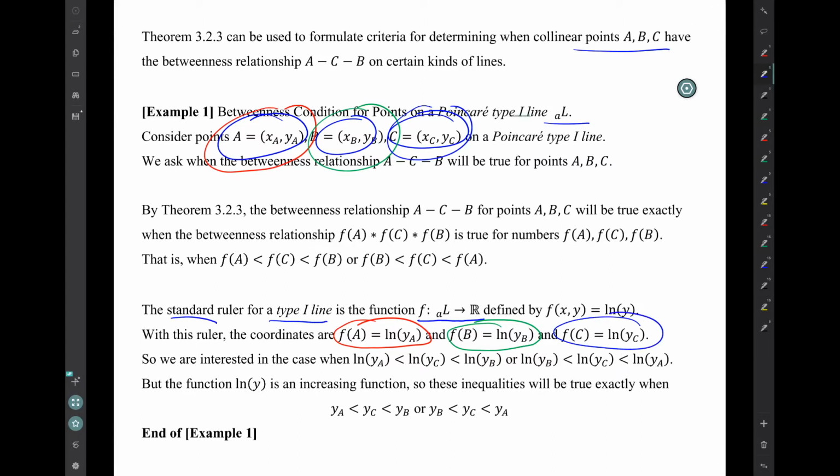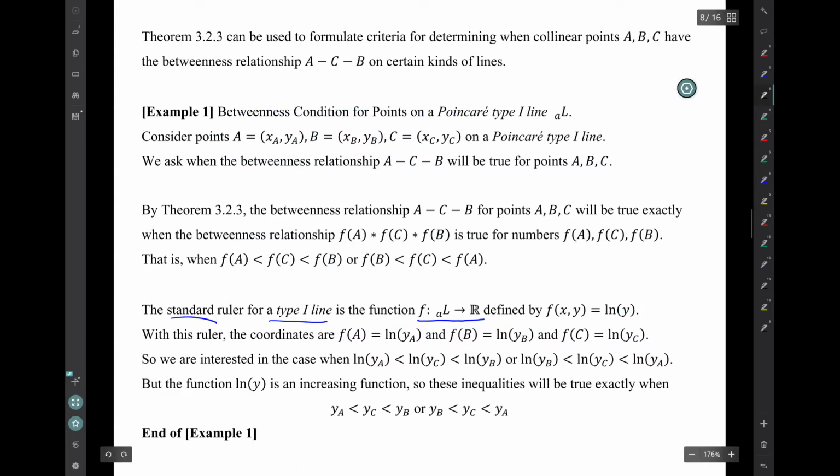Now those are 3 numbers, and they have to have either this betweenness relationship or this betweenness relationship. So we're interested in the cases where this is true or this is true. Now this function, ln of y, is an increasing function. So these inequalities will be true exactly when this is true or this is true. So that means on a type 1 line in the Poincare plane, the points would look like this.